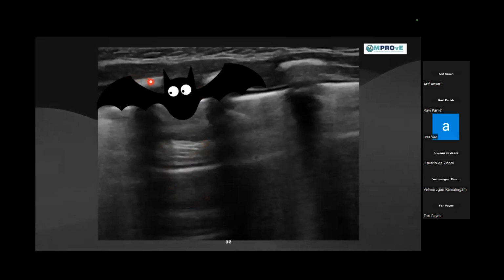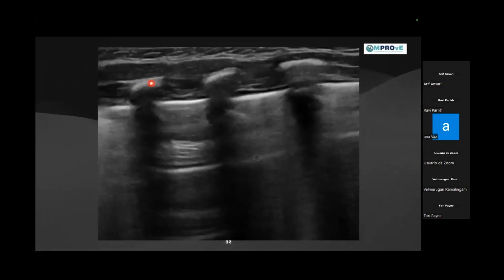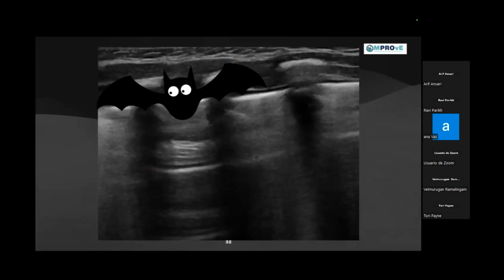And then there will be a rib over here. As you can see, there's a rib on both sides. So it's going to reflect all the sound back, and you end up getting a shadow. So that's where the wings come in, the shadow of the wings, and that's your bat wing sign.